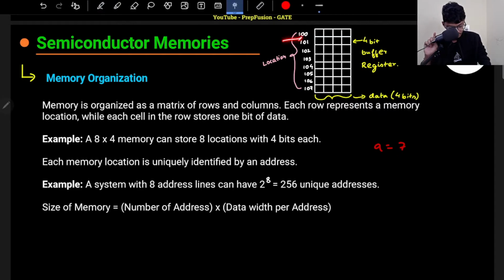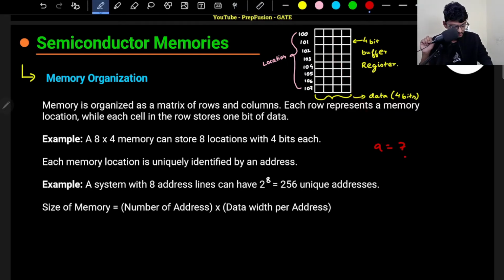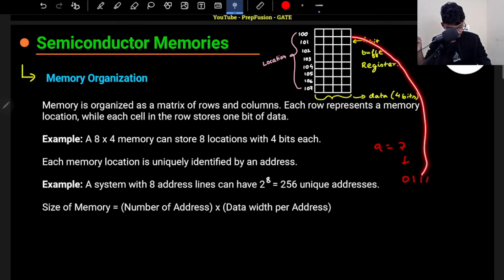Each location stores a single piece of information, so this a will be stored here. I will convert it into 4 bits because I am converting in groups of 4 bits. It will be 0111. A 0 at the front doesn't make any difference, so I will keep 0111 here.